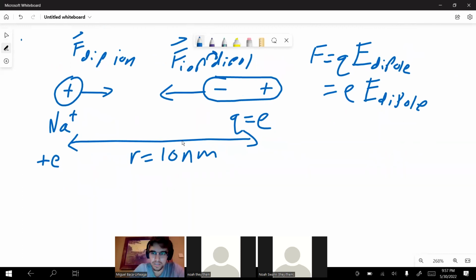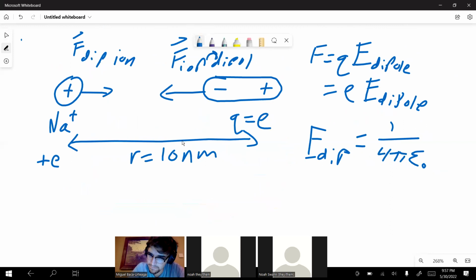The electric field of the dipole is equal to 1 over 4 pi epsilon naught, times 2P over r cubed. P is our dipole moment. I'm going to write that down.